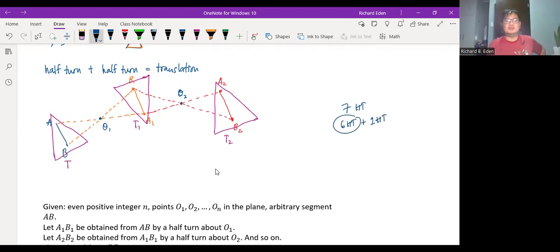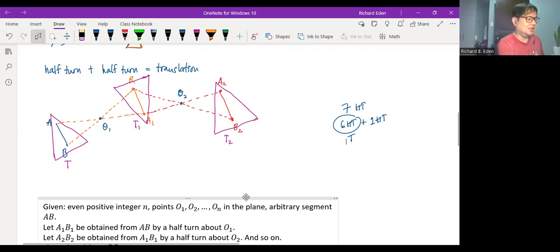The 6 half turns would be a translation. So it's something like a reflection translation. So let's take a look. Actually, let's look at what is the result of a translation and a half turn. Okay, then let's also look.